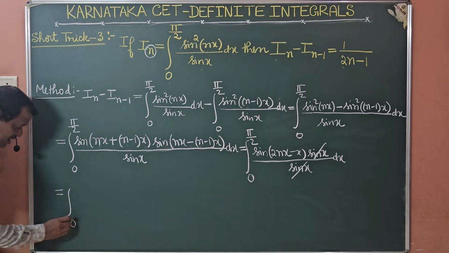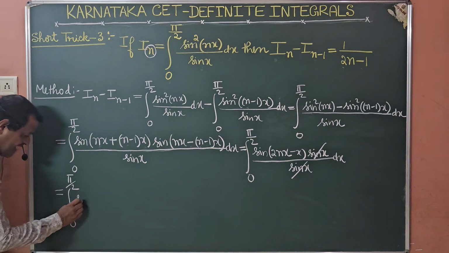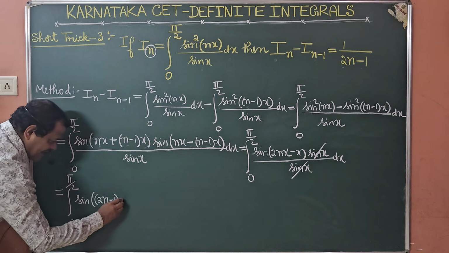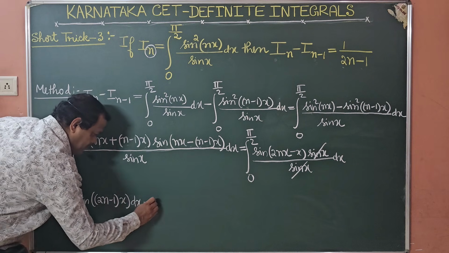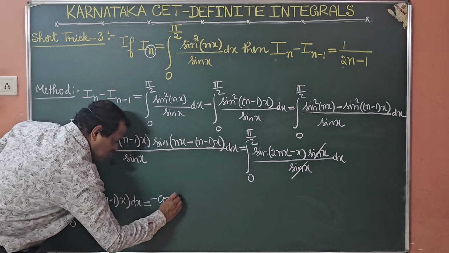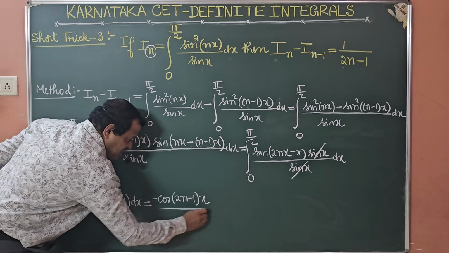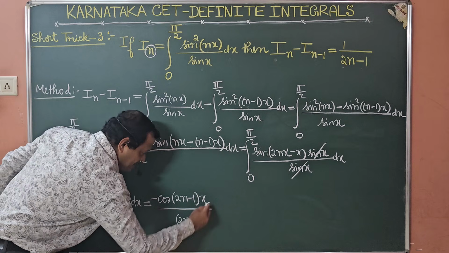This sine x thus cancels, and what remains within the integral symbol, integration from 0 to pi by 2, is sine of 2n minus 1 in bracket x, dx. This integration is minus of cos of 2n minus 1 into x divided by the differentiation of 2n minus 1 into x, which is 2n minus 1.